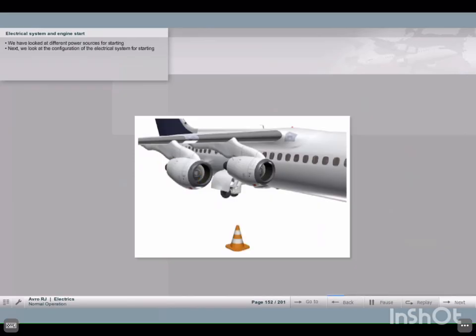We have looked at the different electrical power supplies for engine starting. Now we go on to the configuration of the electrical system during engine start.